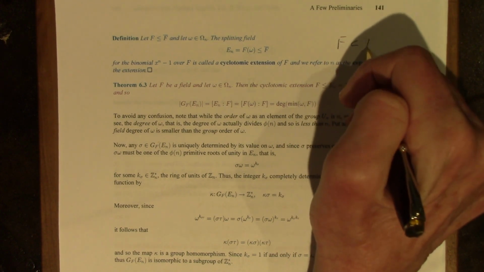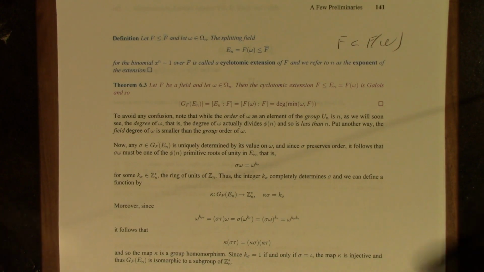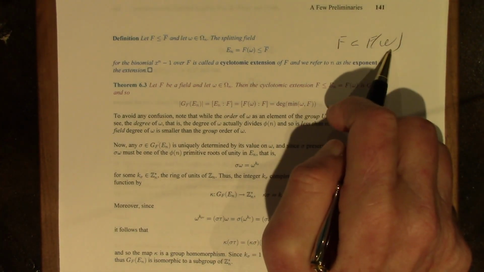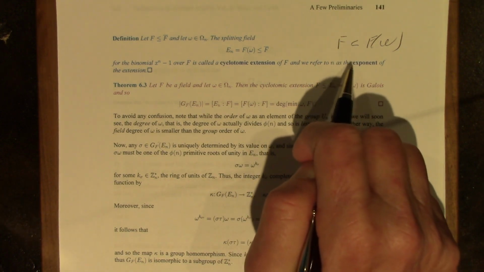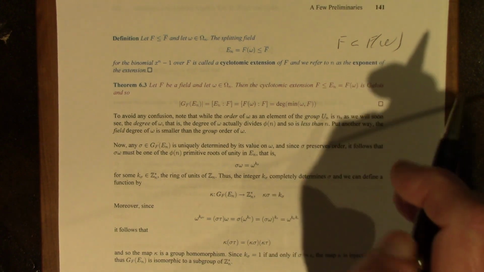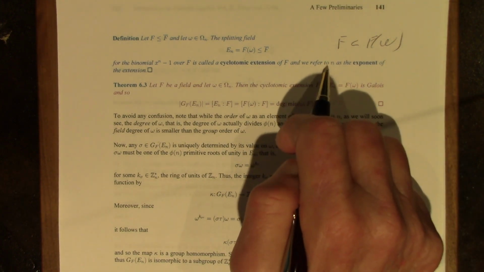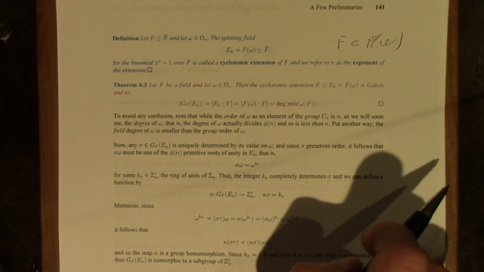So we'll refer to this as a cyclotomic extension. F with omega adjoined is a cyclotomic extension of F, or you could say this extension is cyclotomic. And we will refer to n as the exponent of the extension.